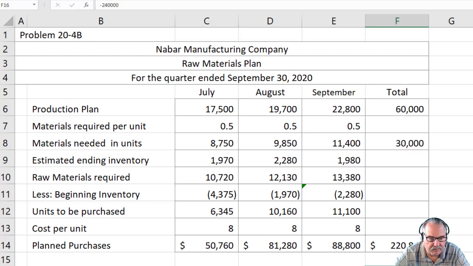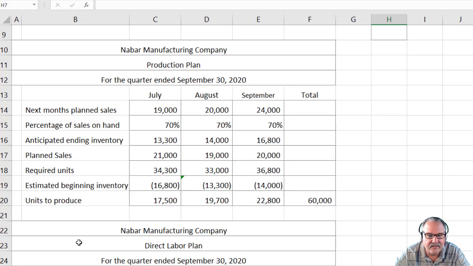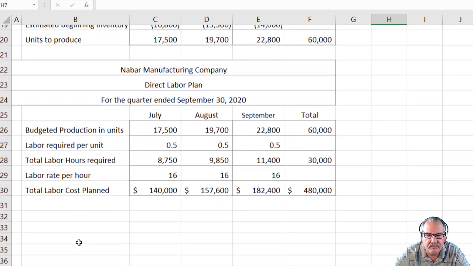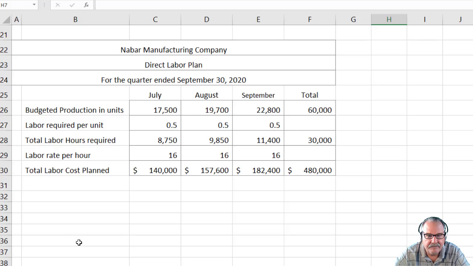Then we can do our labor plan. It really doesn't matter if you do the raw materials before the labor, but I usually do raw materials before labor. Same concept here, except now we're talking about direct labor. We take our budgeted production and multiply it times the number of hours it takes.